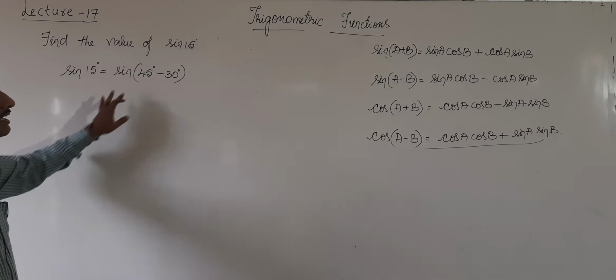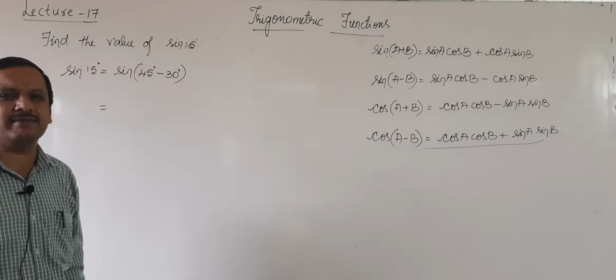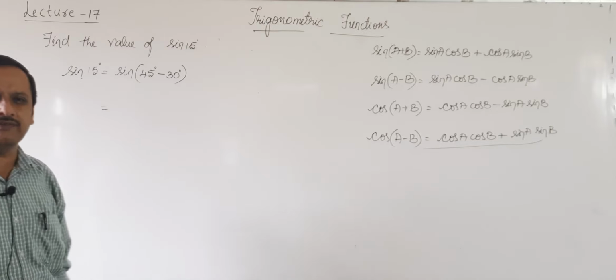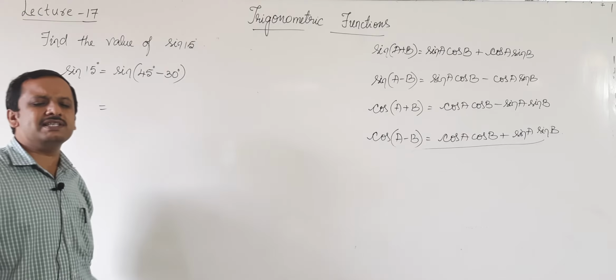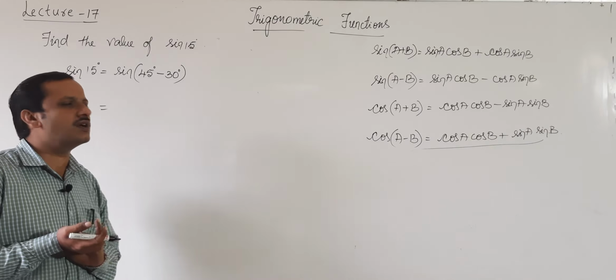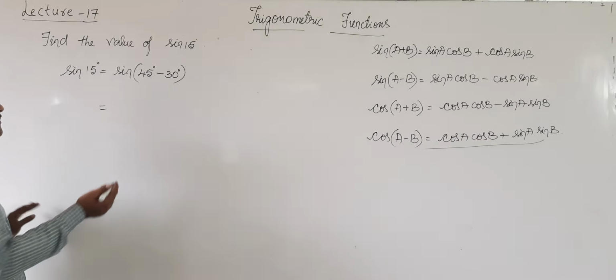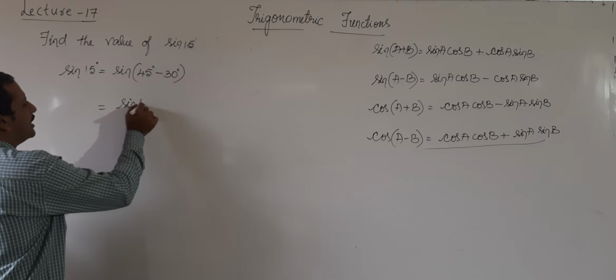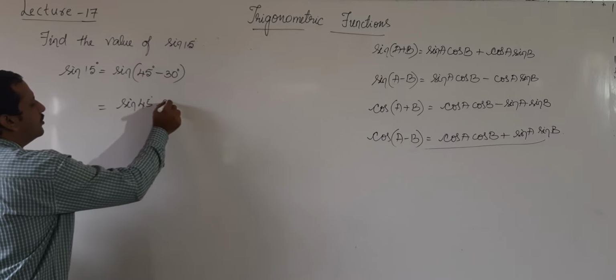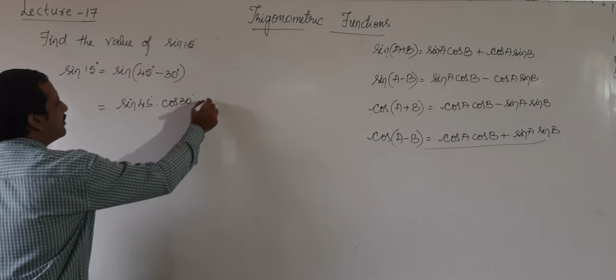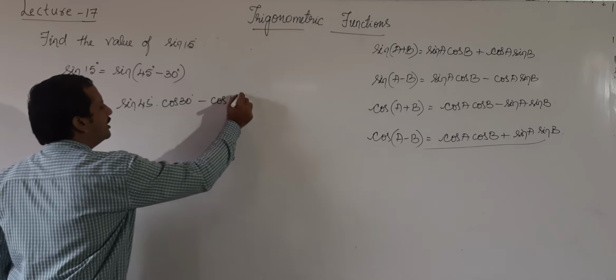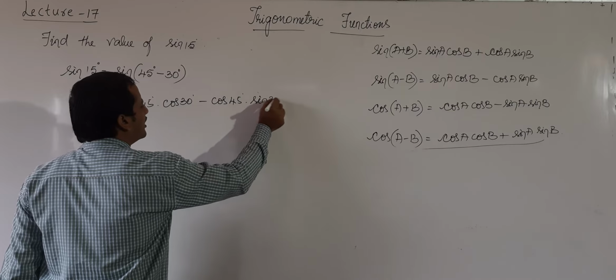It's of the form sin (A minus B). That formula I am going to use. Sin (A minus B) is equal to sin A cos B minus cos A sin B. So, this will be equal to sin 45 degree into cos 30 degree minus cos 45 degree into sin 30 degree.